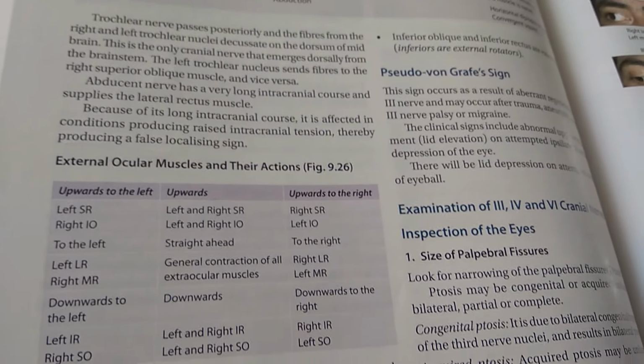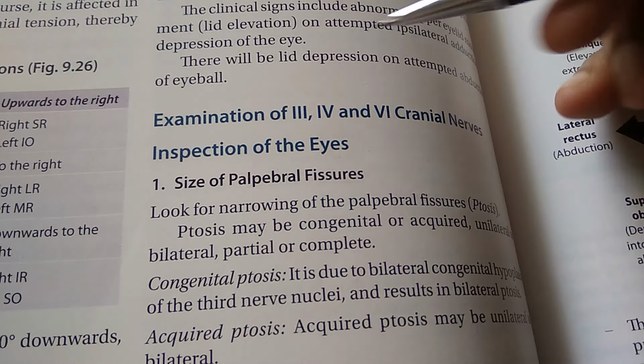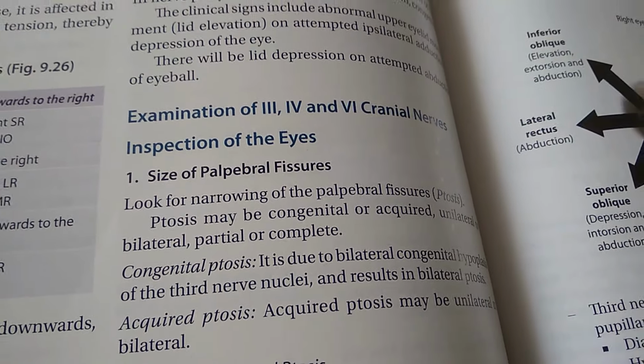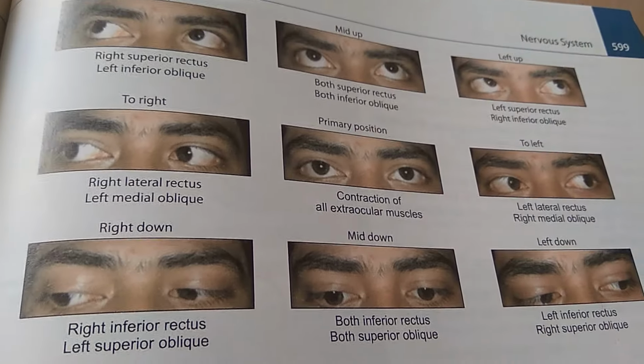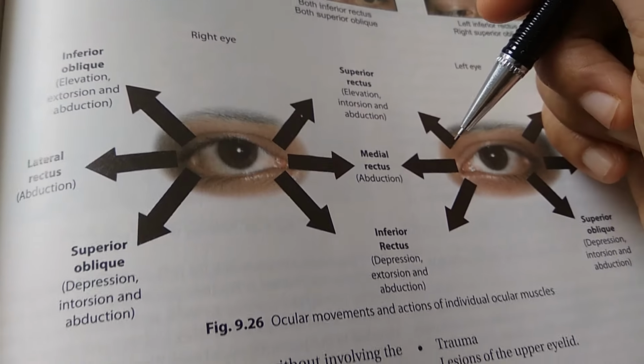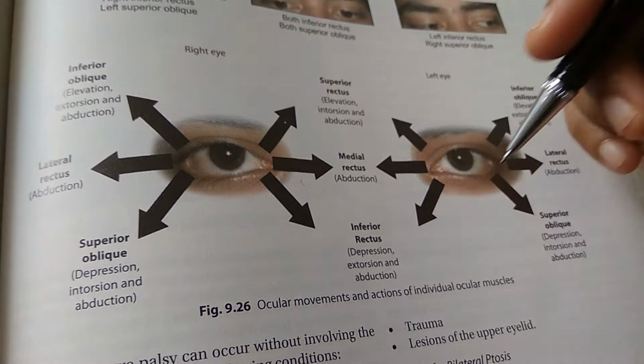What will you exactly check? You will inspect the eye, size of palpebral fissure. Then you look for ptosis. Then this is gaze; gaze you're checking. Ocular movements and the muscles which help in that.